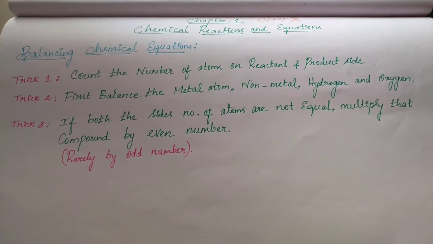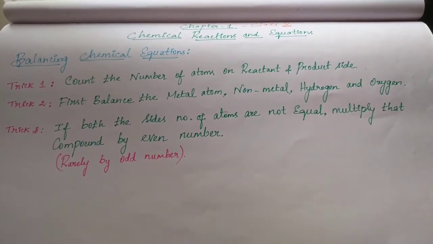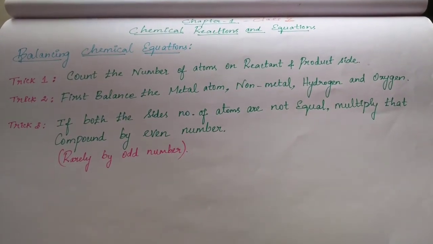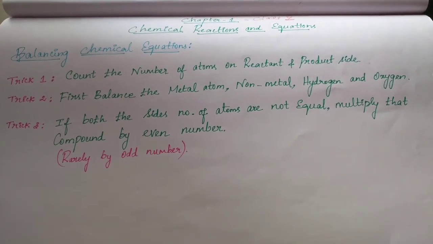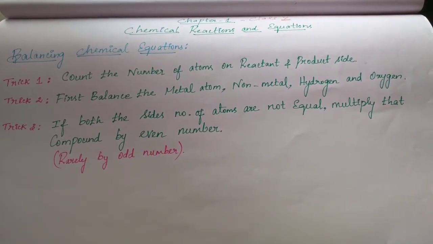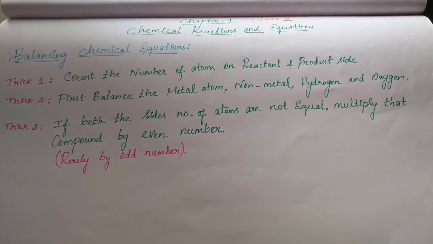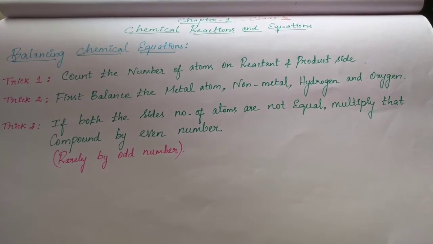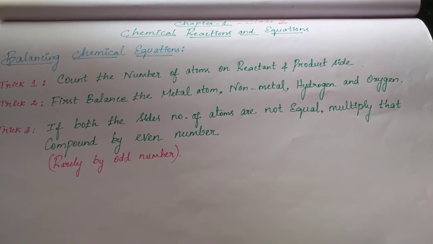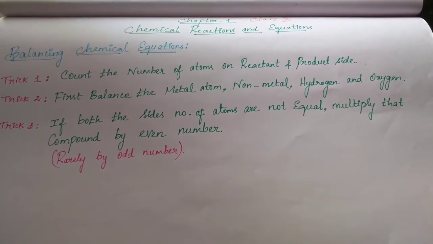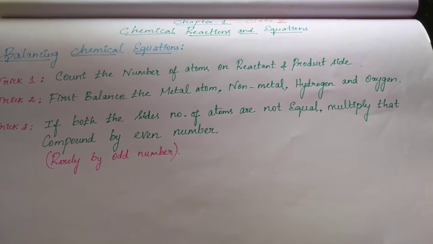Trick number 1, count the number of atoms on reactant side and product side.